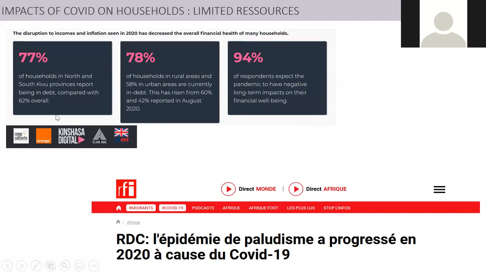Here we have this study made by Ilan about the disruption to incomes and the percentages of households that were in debt because of the COVID measures. Sorry, this article is in French, but it also shows that actually the malaria situation worsened during COVID.